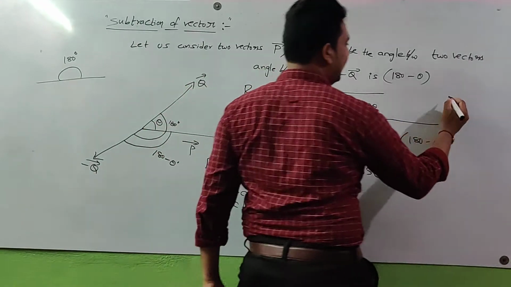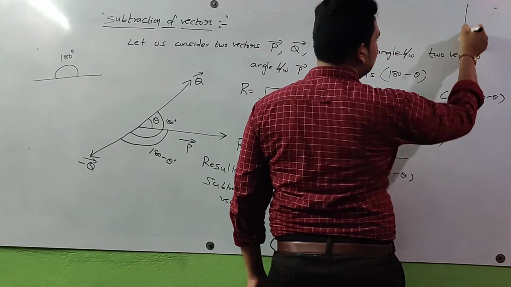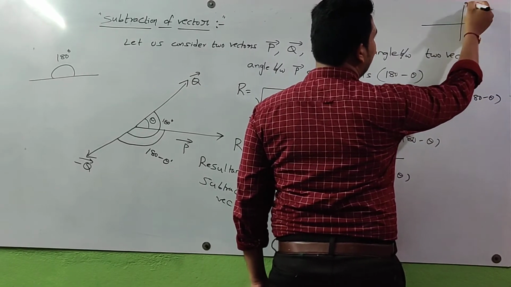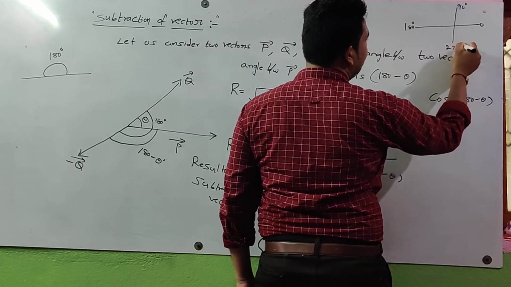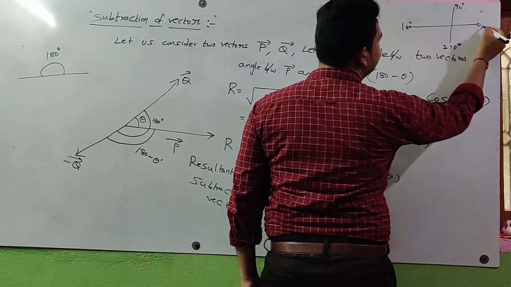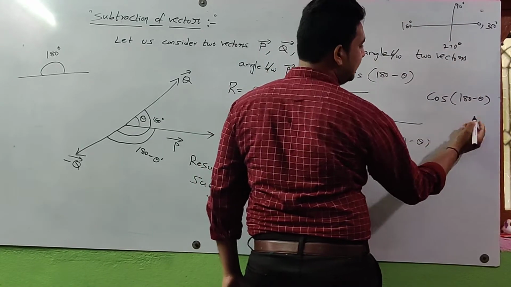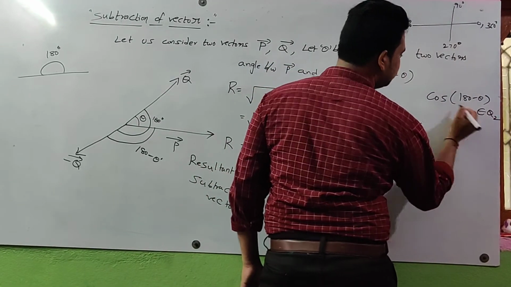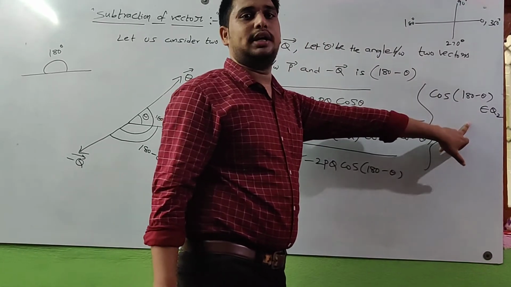So how to find cos of 180 minus theta? Take 0, 90 degrees, 180 degrees, 270 degrees, 360 degrees. 180 minus theta is in the second quadrant, Q2.